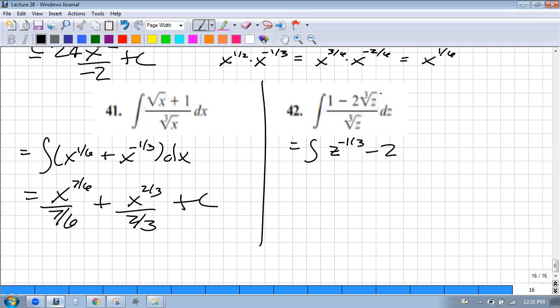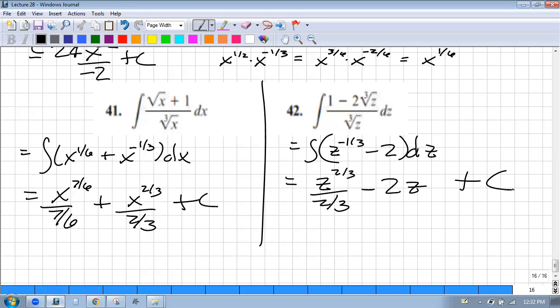And let's see, those would cancel out, right? So let's see, we add 1 to our exponent, divide by the exponent, and then 2 becomes 2dz, and then add our constant.